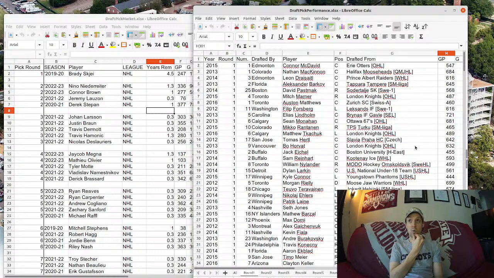Now, what kind of production do you want out of the draft pick? So essentially, what you want at the very least out of your draft pick, or otherwise you'll trade them. So that's tough to say.